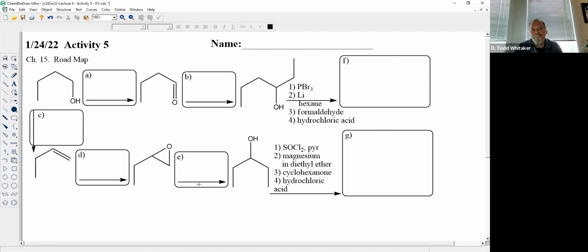No. Here's what we're gonna do. You're gonna give me some reagents here to get from there to here. That would be H.